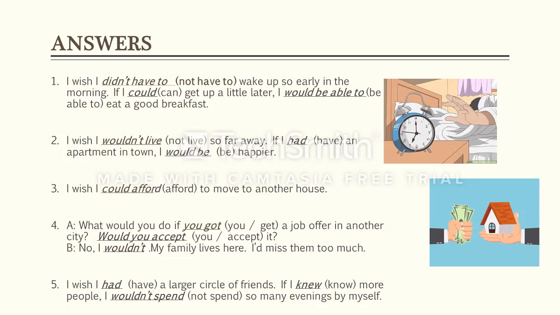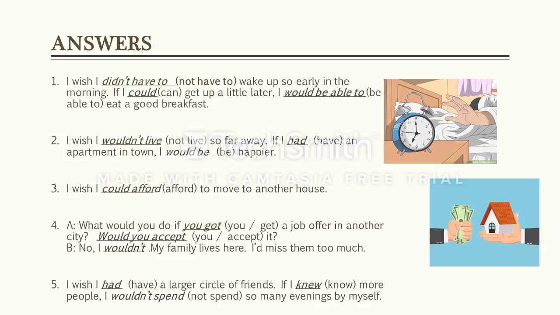The correct choice was, what would you do if you got, because you have to use the past form. So what would you do if you got a good job offer in another city? The question is a question. Would you accept it? Okay, remember when it's a question, I have to flip. I have to use the modal verb first.